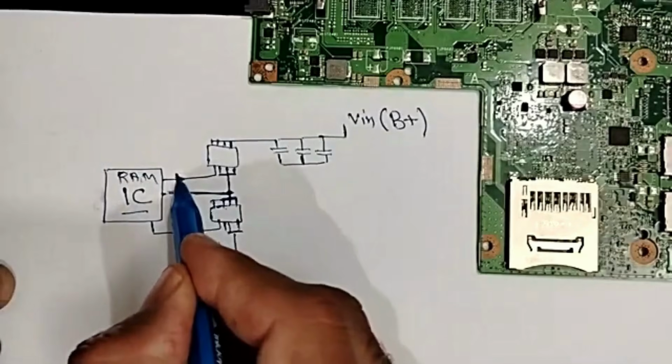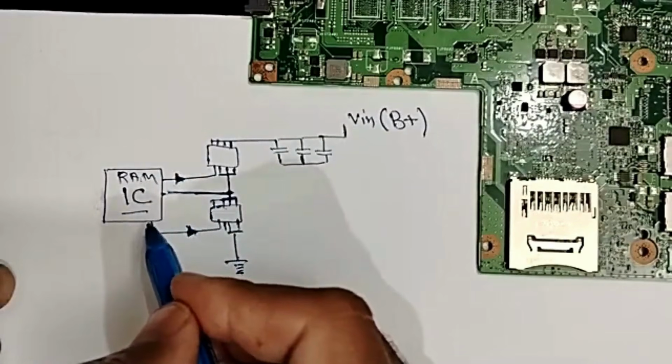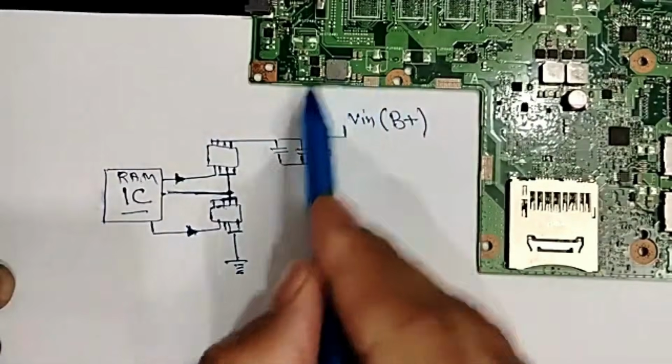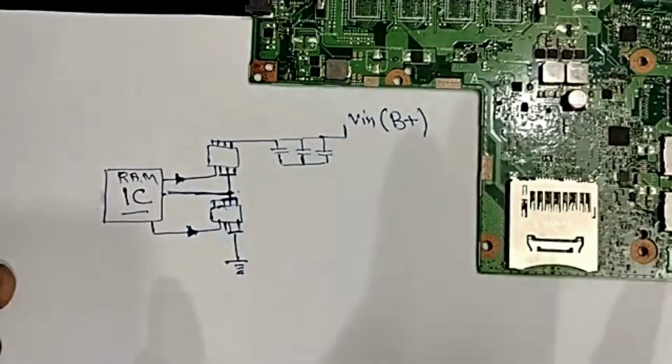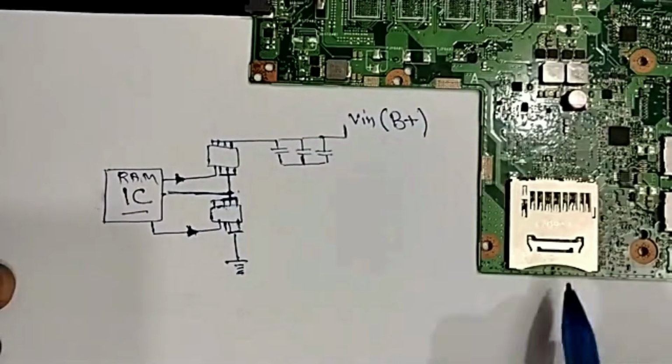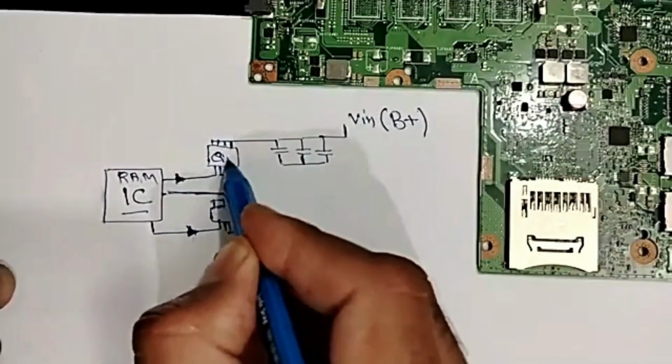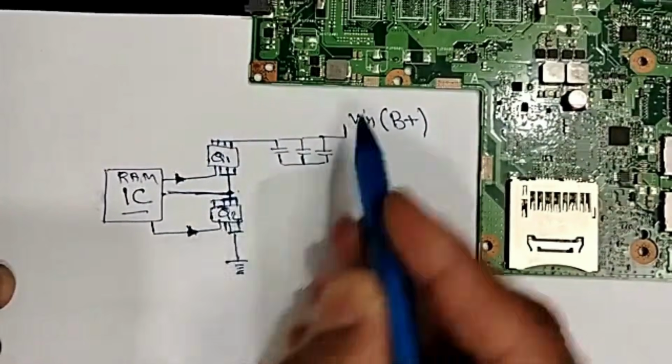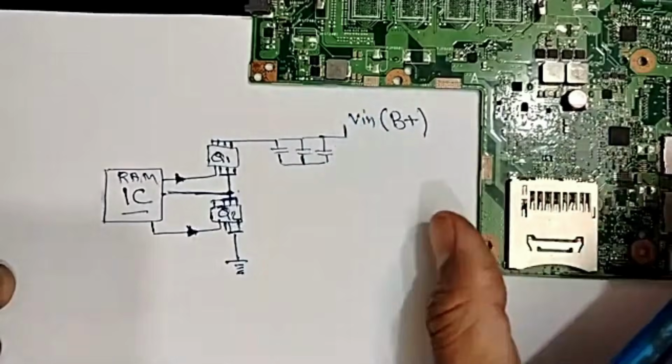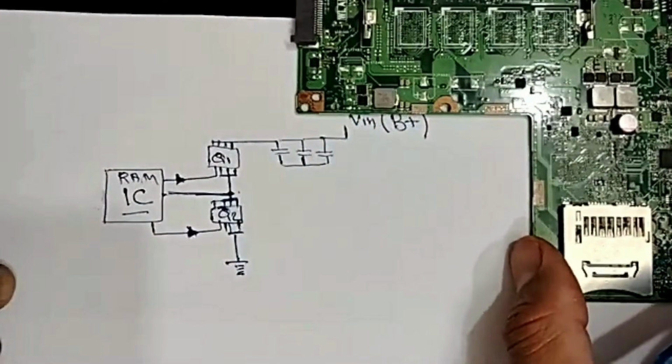Guys, here I teach you the short circuit process. Just stay tuned and be patient. Here we have the first MOSFET Q1, the second MOSFET Q2. I don't know if you see this MOSFET or not.